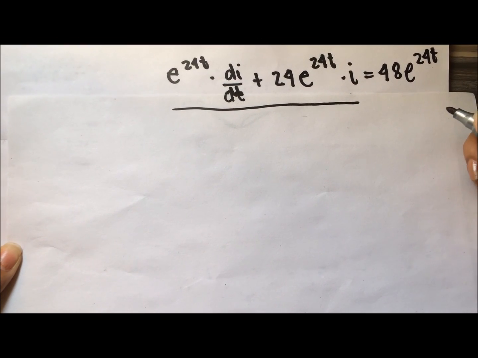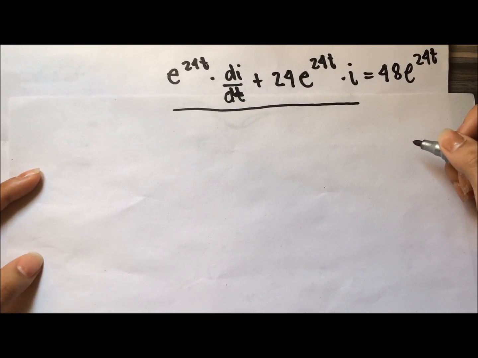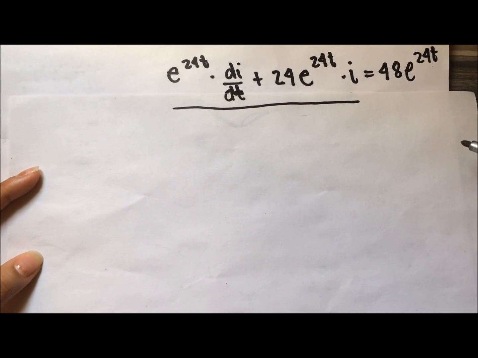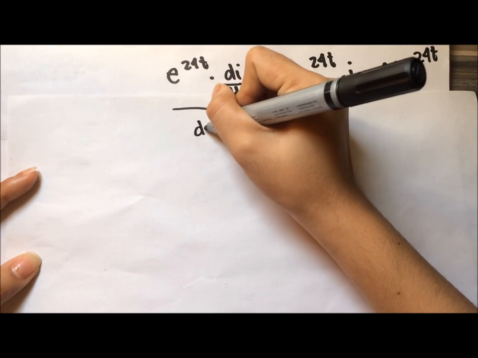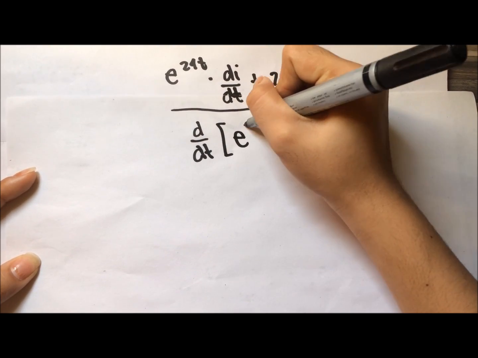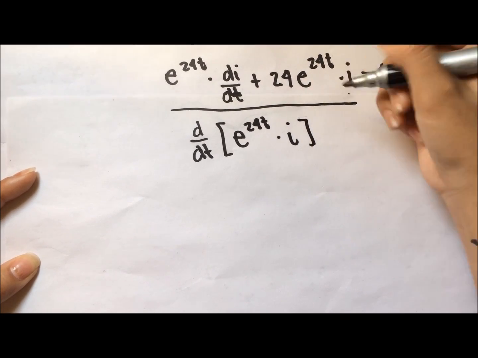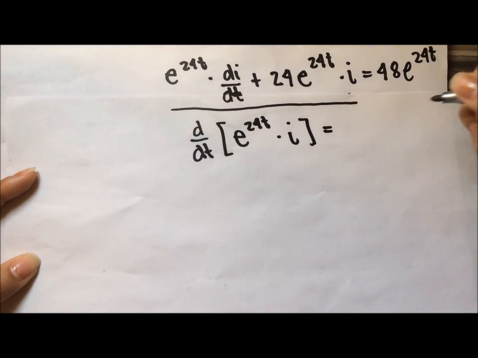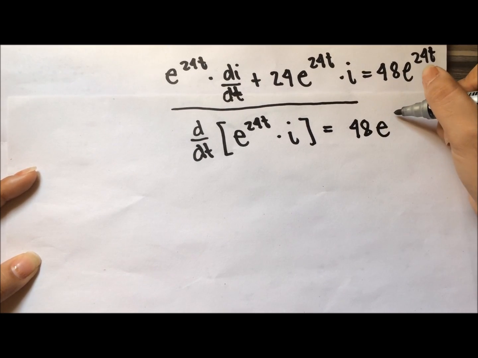Using this technique, the left side of the equation is just equal to the derivative of the product of the integrating factor and our function i. So we have the derivative of e to the power of 24t times i is equal to 48 times e to the power of 24t.